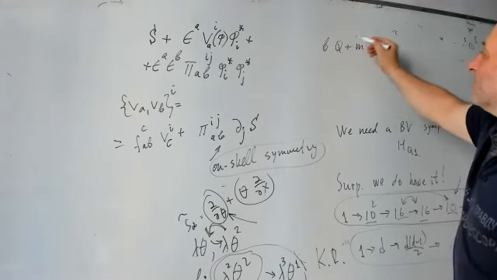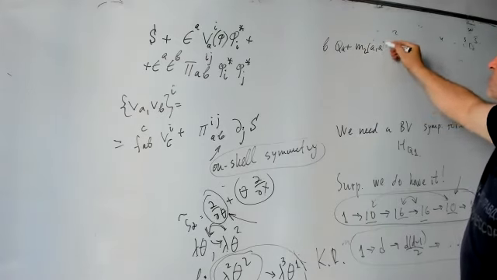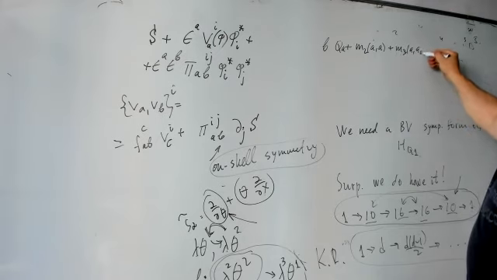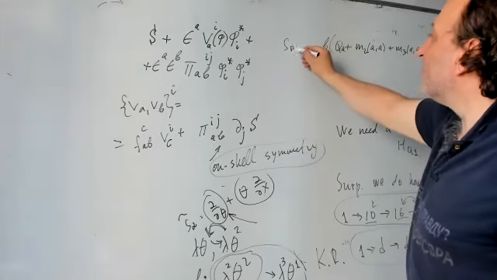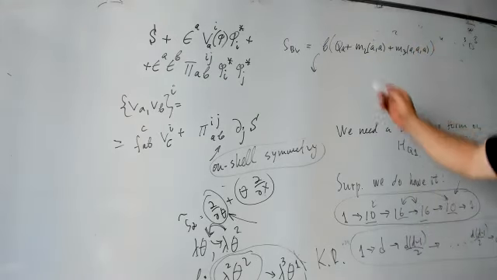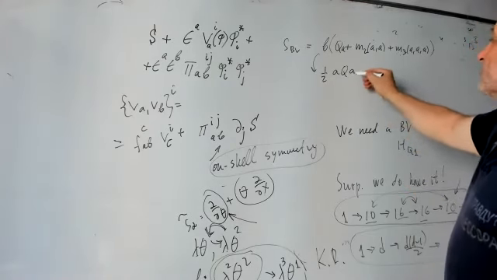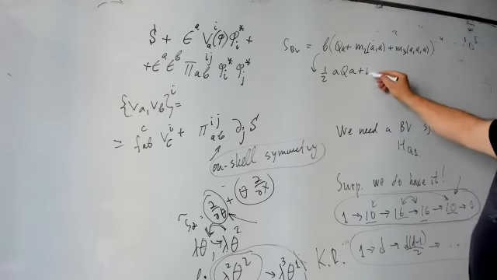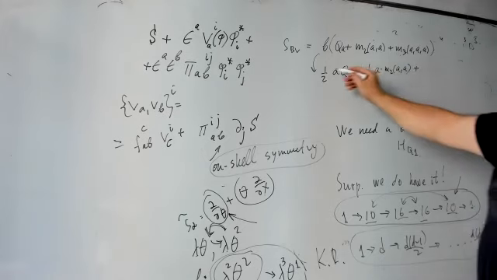Sorry for small b. And we may go from this action to the action that contains only A. And here is this pairing.